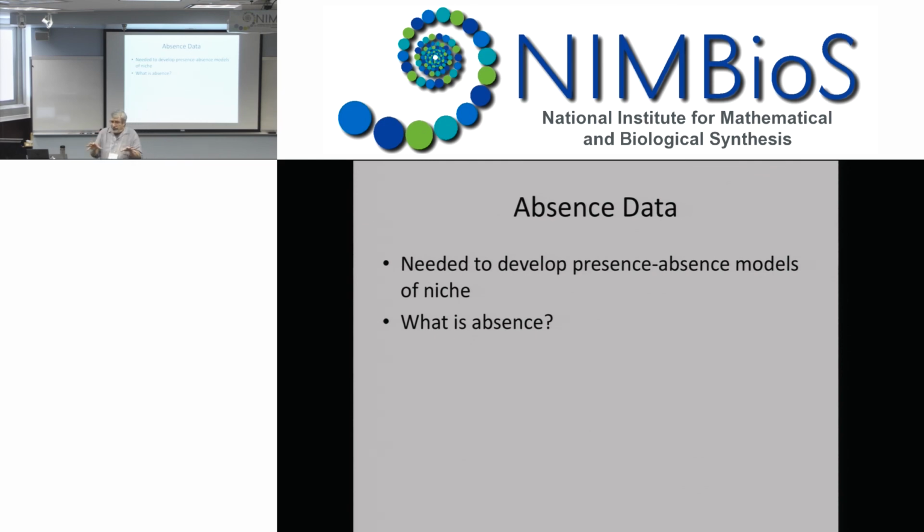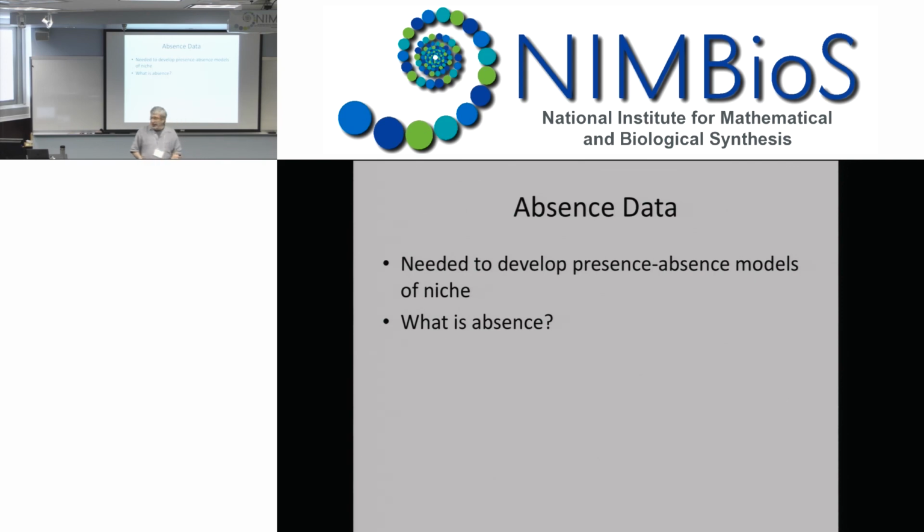And then we've kind of softened that a little bit with this idea of pseudo-absence. Well, what are pseudo-absences? They're places where we haven't detected a presence yet. And we know that no complex natural landscape is universally sampled.